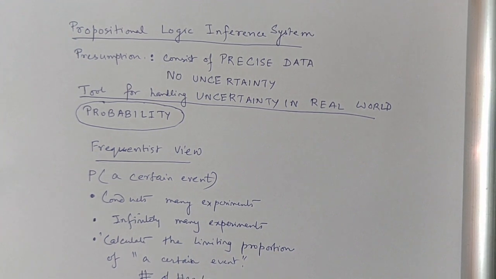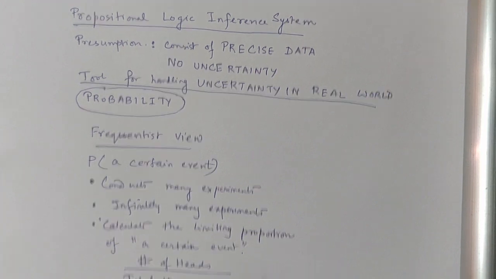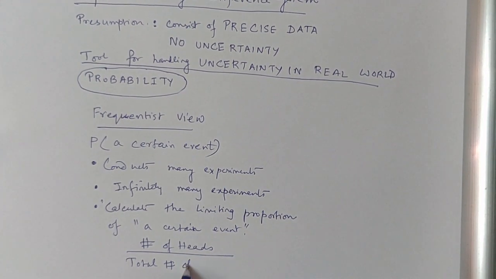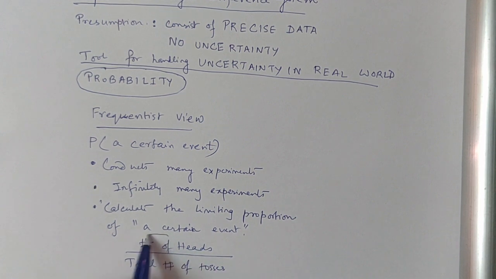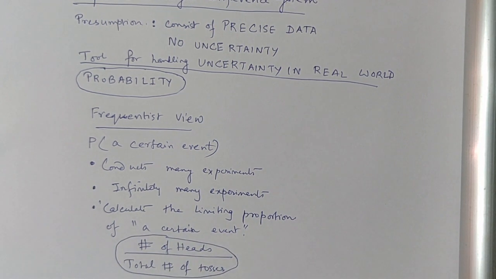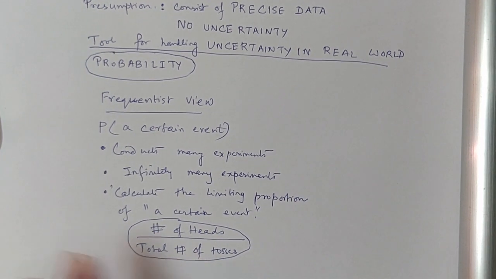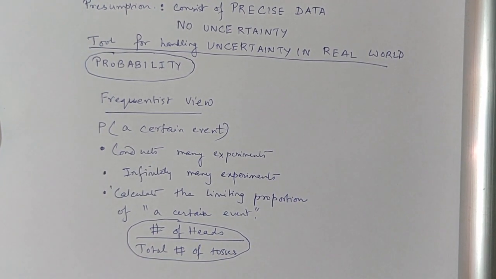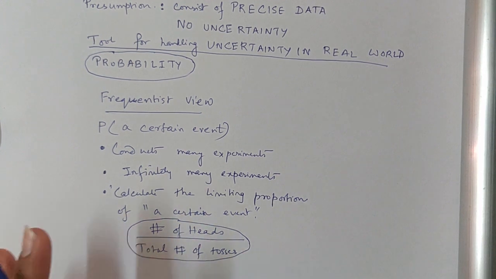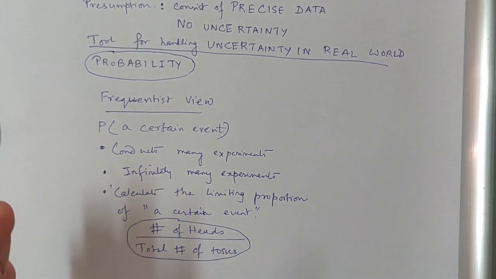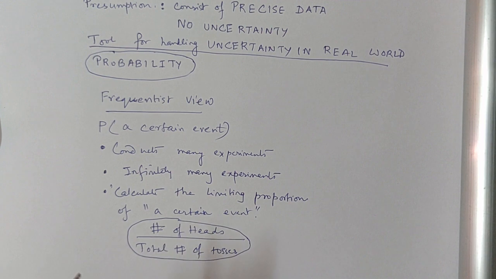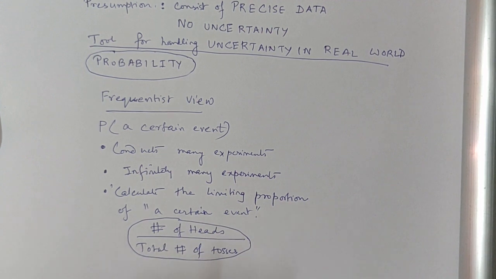by total number of tosses. By proportion I mean this. Calculate this proportion after a huge number of experiments and see whether this proportion is converging to some value as the number of experiments rises.